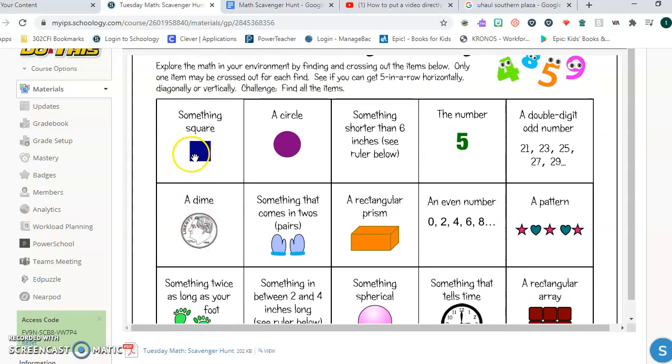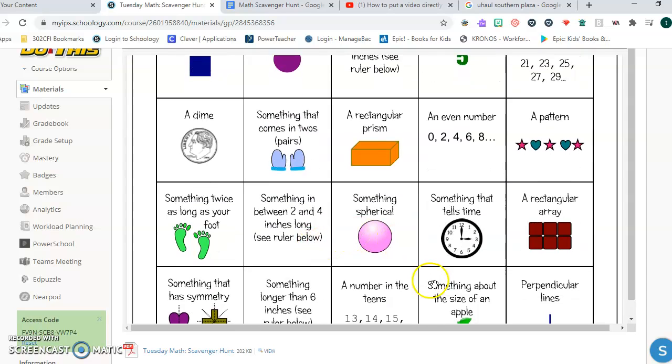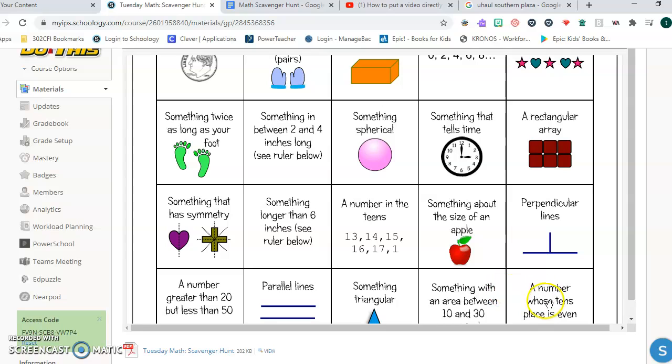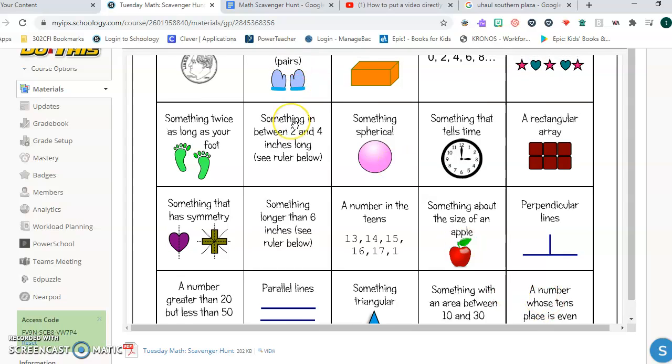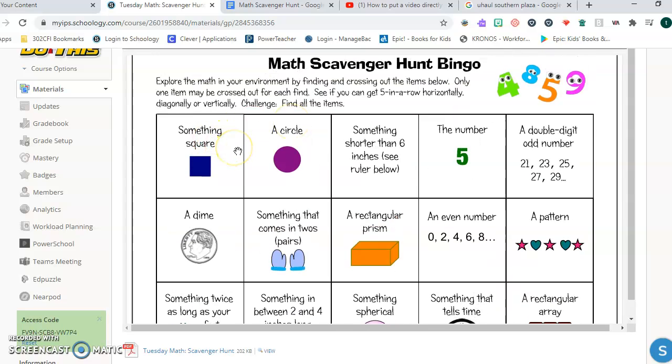So you'd start in a corner and then go down one over one, down one over one, to the corner, and 5 in a row would make bingo. But the big idea here is really not trying to win at bingo because we're not actually playing it together. It's just activating your math mind.